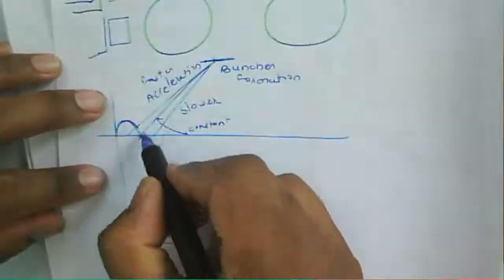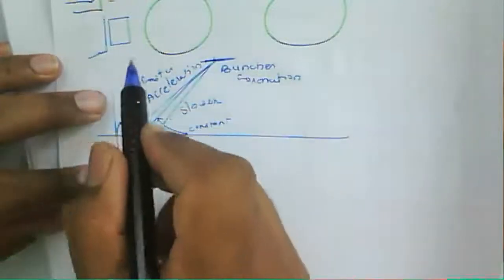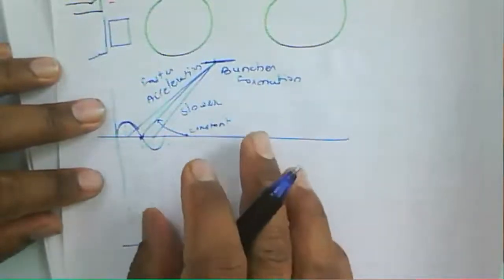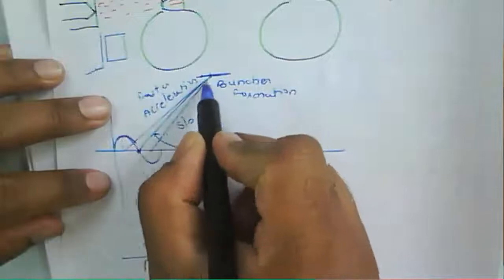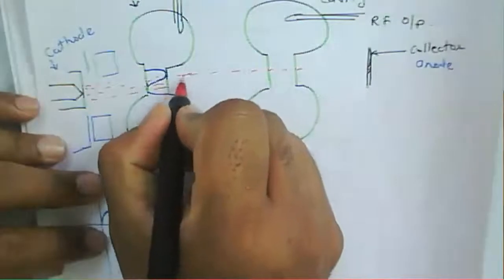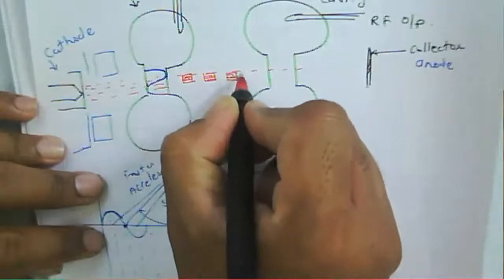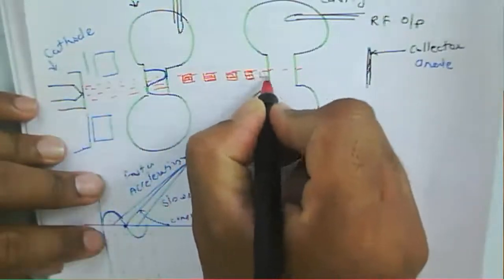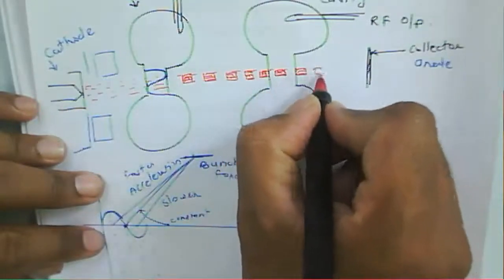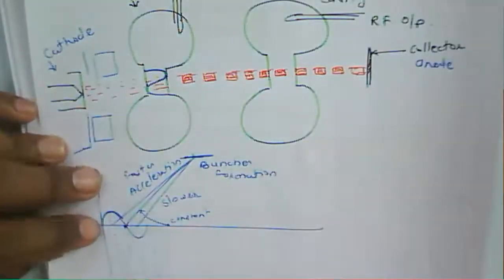Because of this accelerating and decelerating, the velocity of the electrons changes, and that is called velocity modulation. Because of this velocity modulation, at some particular place the electrons form bunches, which propagate through the cavity gap and are collected at the collector.